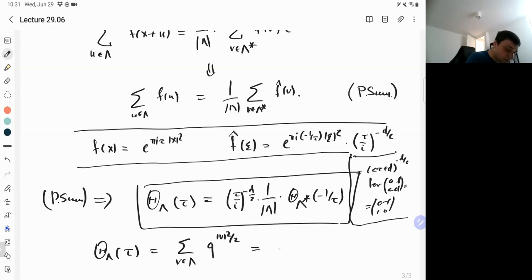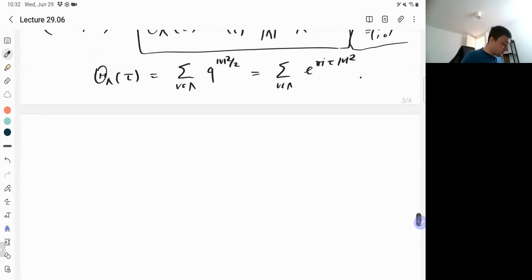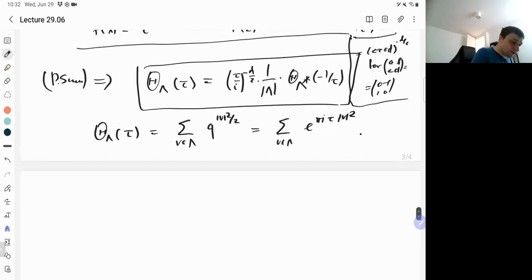You might not like it because if the lattice is arbitrary, these are in general real numbers, but then you can also write it this way, which is a bit cleaner. And this is the Poisson summation formula.